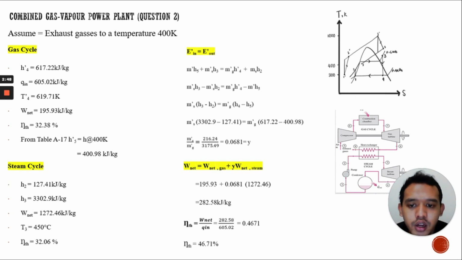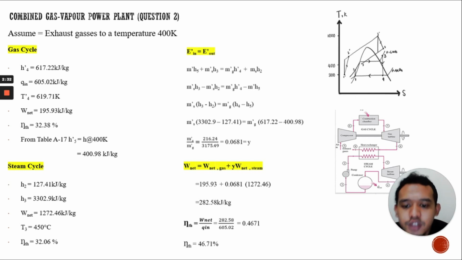Then we get Wnet overall 282.58 kilojoules, which means that for each kilogram of combustion gas produced, the combined plant will deliver 282.58 kilojoules of work.